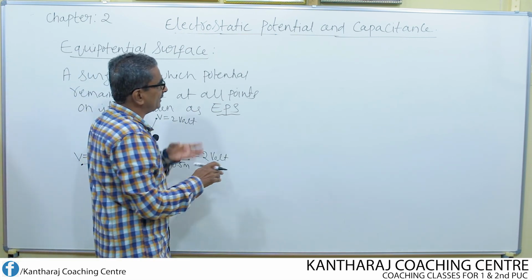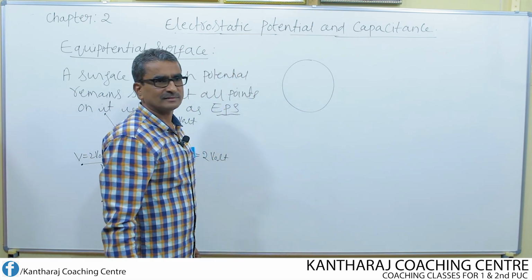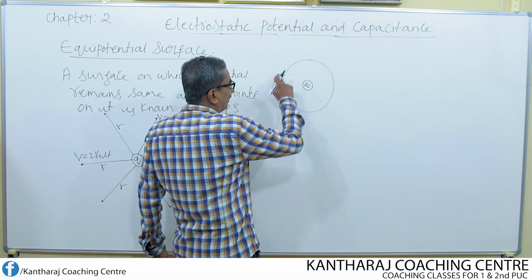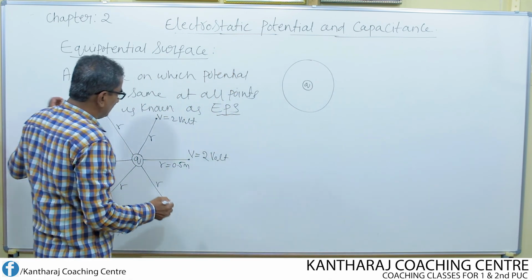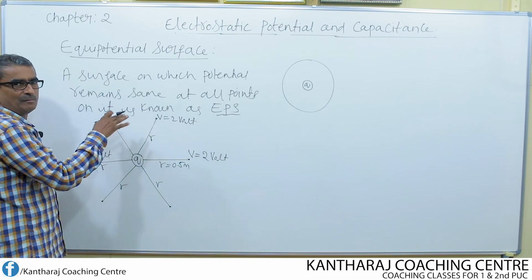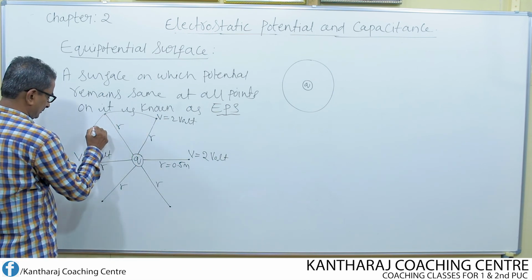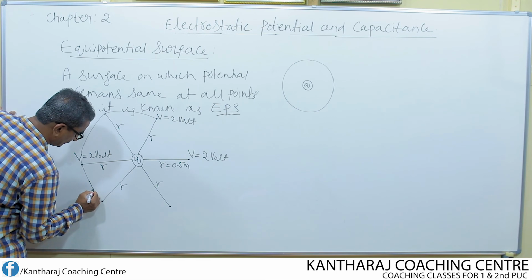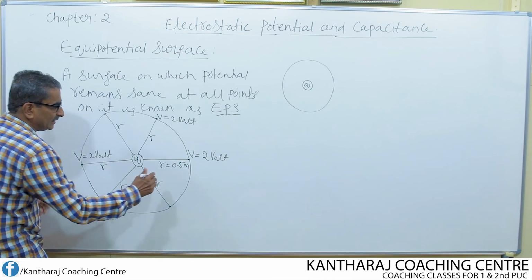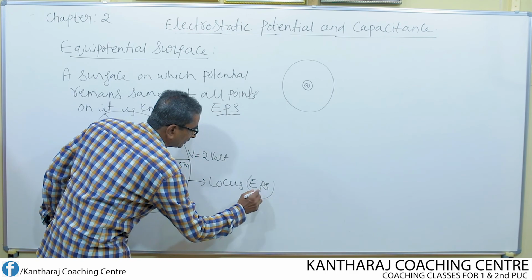That locus appears in the form of a sphere, with charge q at the center. Locus means an imaginary line, boundary or surface passing through all these points having the same potential.